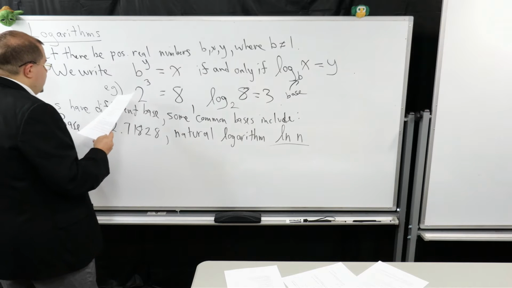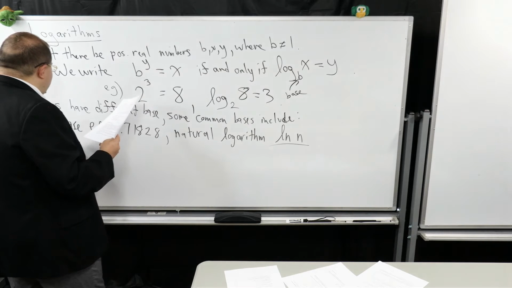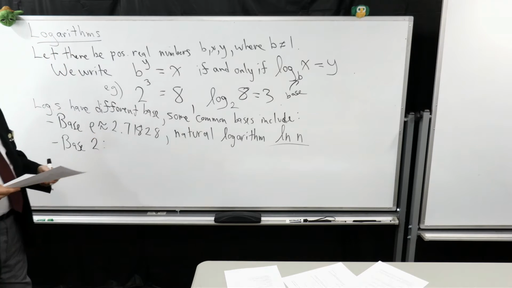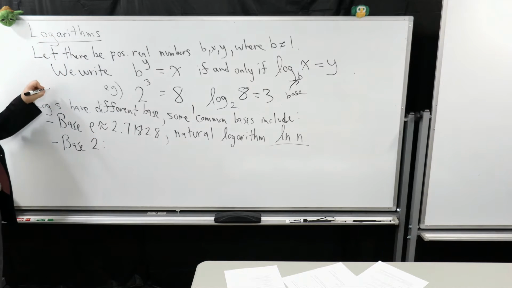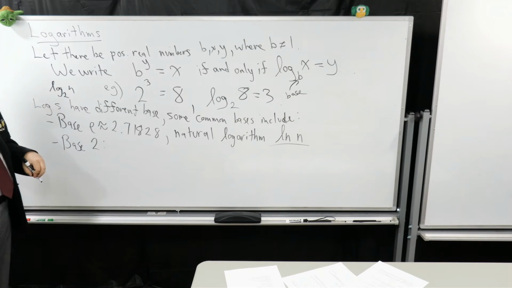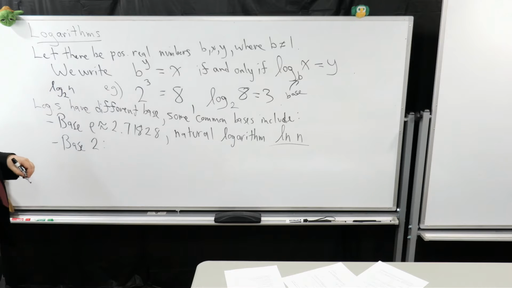Another common one is base 2. This one's very common in computer science circles. Oftentimes when you talk to computer scientists, if they just write log n like this, they're often assuming it's log base 2 of n. Not always, but very often. In general circles, you'll often find that they assume base 10.